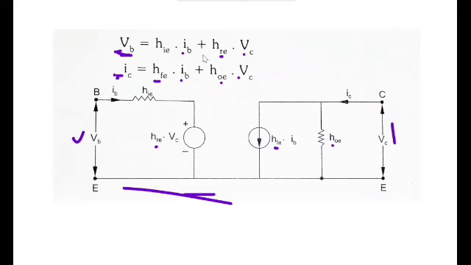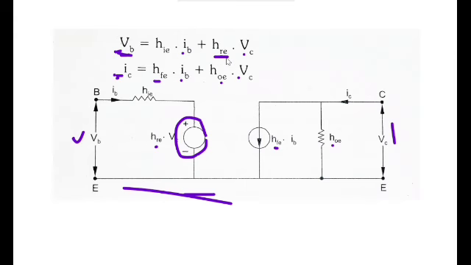And in the first equation, this is the reverse voltage gain. The voltage gain is because of some source, some active element or active part, because of which we get some gain at that point. It is HRE into VC.